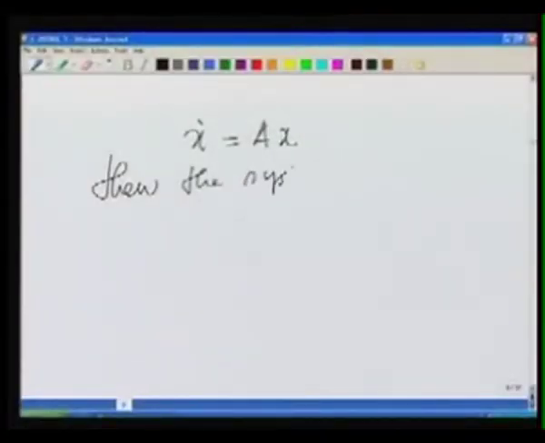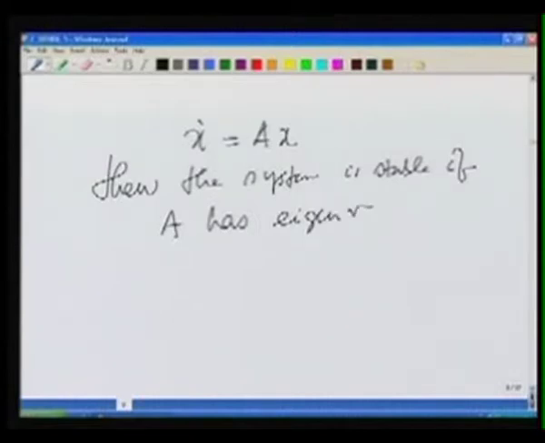Already we know that if x dot equal to A x, then the system is stable if A has eigenvalues with negative real parts.